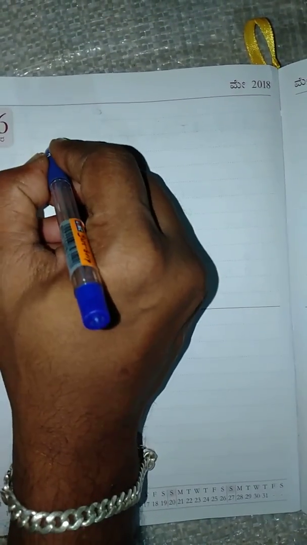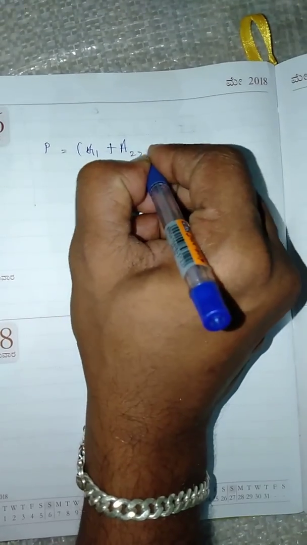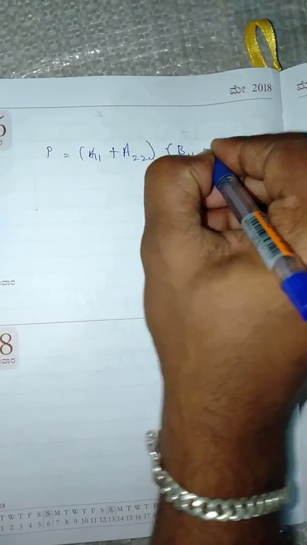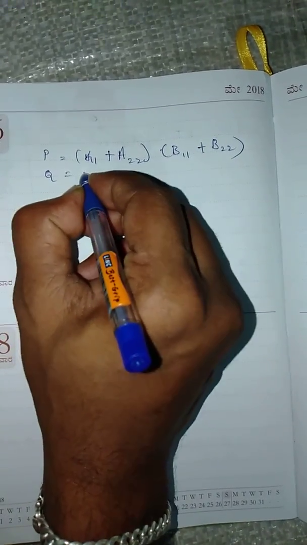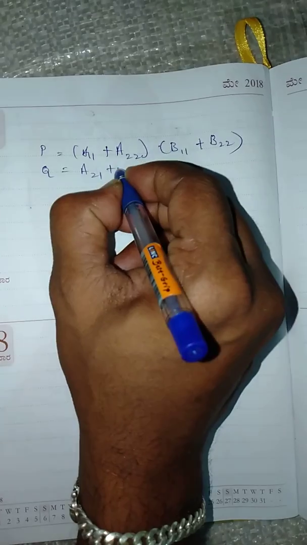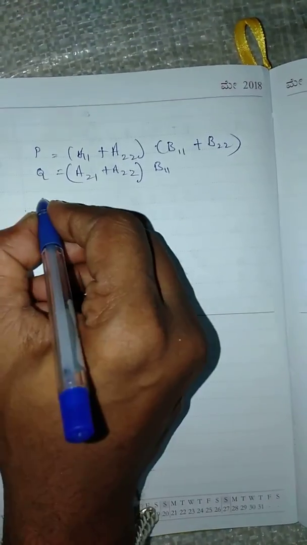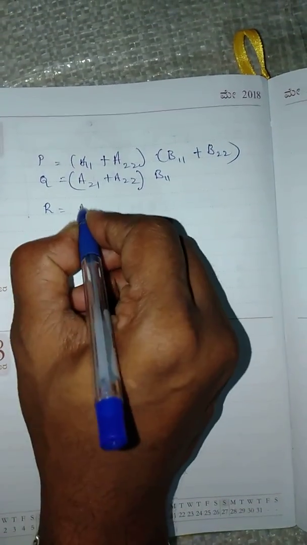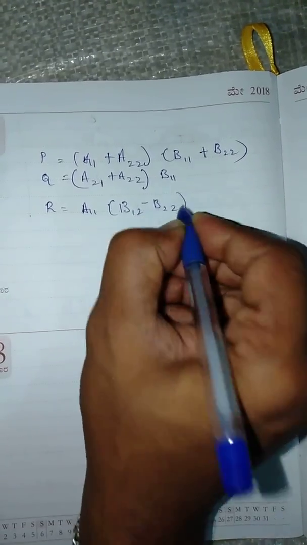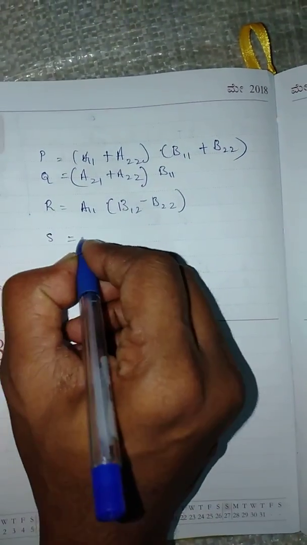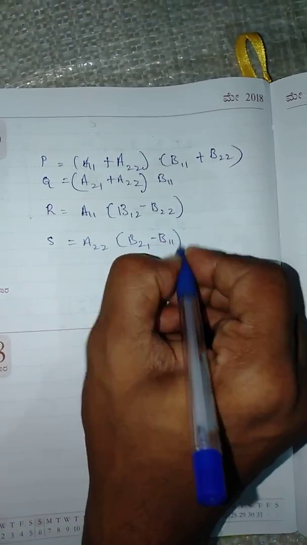He has derived some formulas: P is equal to (A11 plus A22) into (B11 plus B22). Then Q is equal to (A21 plus A22) into B11. Next, R is equal to A11 into (B12 minus B22). S is equal to A22 into (B21 minus B11).